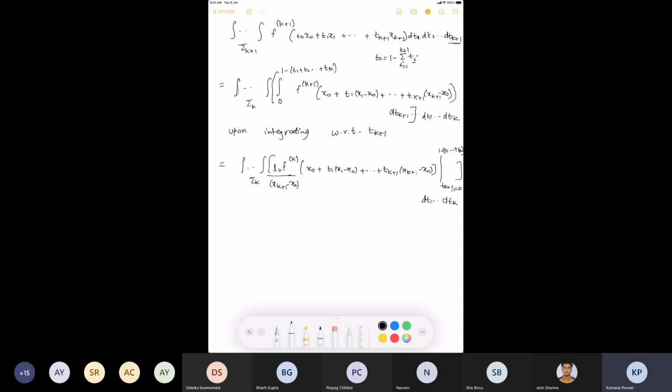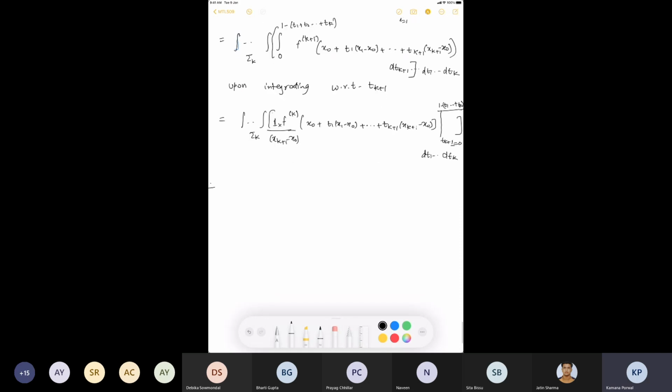So when tk plus 1 is equal to 1 minus t1 up to this, when we'll substitute this, so I'm just going to simplify this. You just observe this step whether these are correct. So I have the factor xk plus 1 minus x naught, and then I'm substituting tk plus 1 is equal to this factor. So I'm going to combine the term with all the ti's. So I have xk plus 1 minus x naught, and then x naught is sitting here.